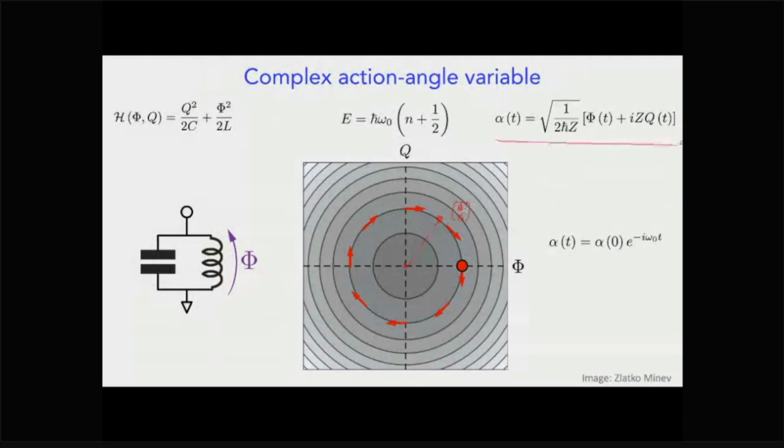And I've picked here a very specific scaling factor and representation of how to define this classical complex variable alpha, which will exactly describe the point in phase space of the oscillator in such a way that it's the most analogous variable to the quantum operators, the ladder operators, the creation and annihilation operators that come up.